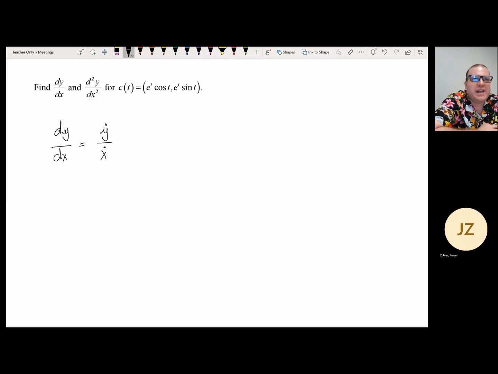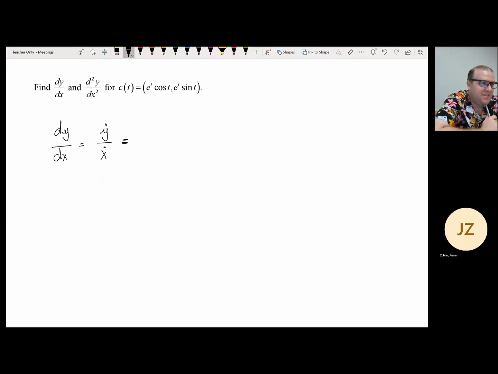All right, so dy/dx is y dot over x dot. What's y dot? Well, y isn't sine of t. You forgot a term. All right, so you want that derivative with respect to t.